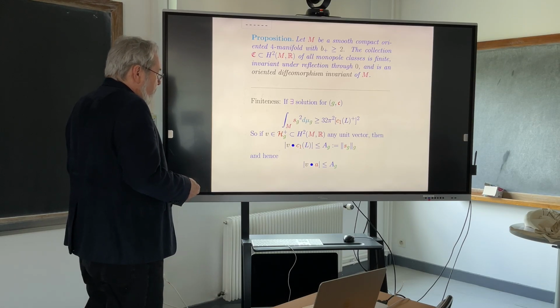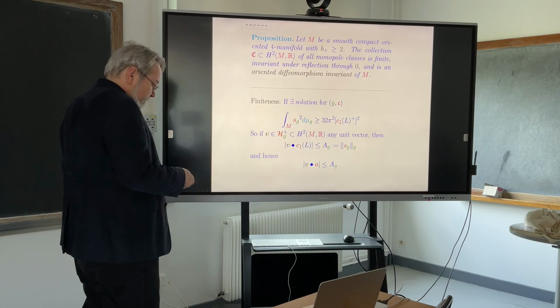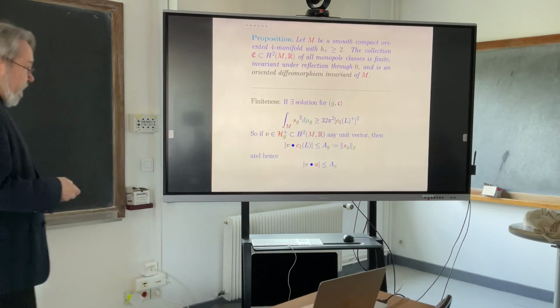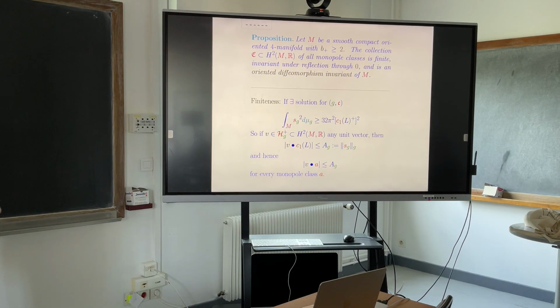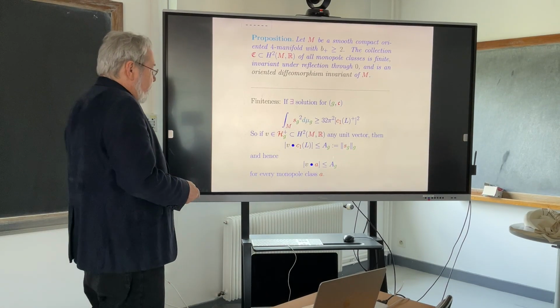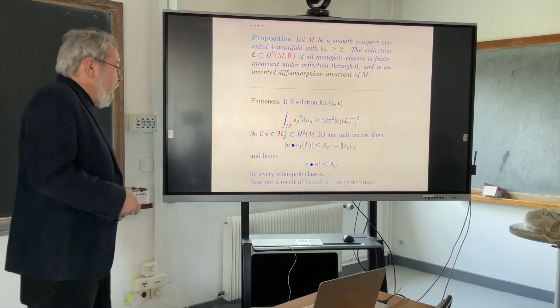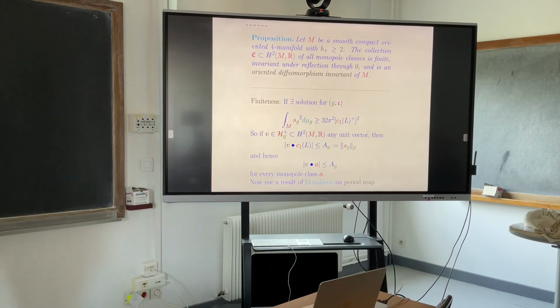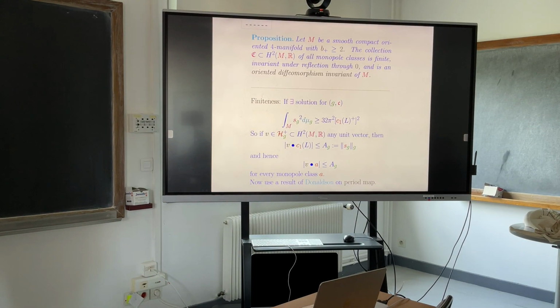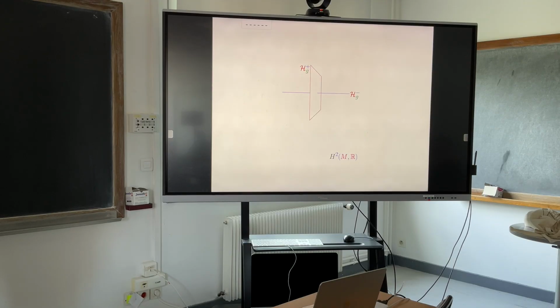Okay, so V cup product A, or V intersection form A, has absolute value that's bounded by a constant depending on g. And that's true for every monopole class. So notice this constant only depends on the metric, it doesn't depend on which class you have. All right, so now the trick is to use an observation of Donaldson's concerning the period map.